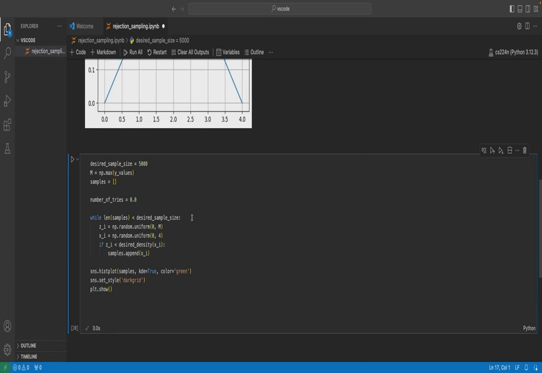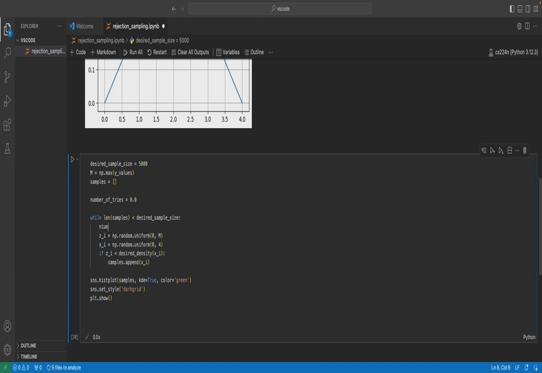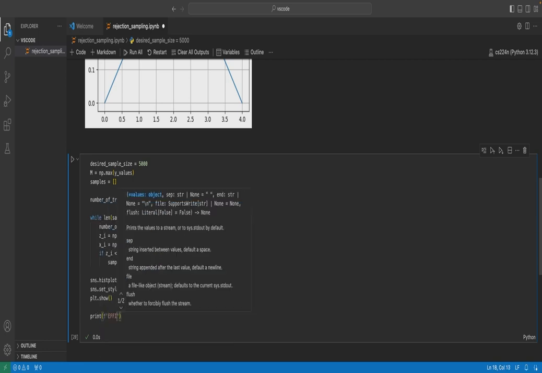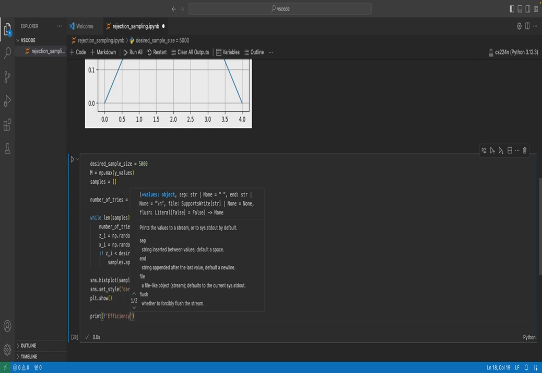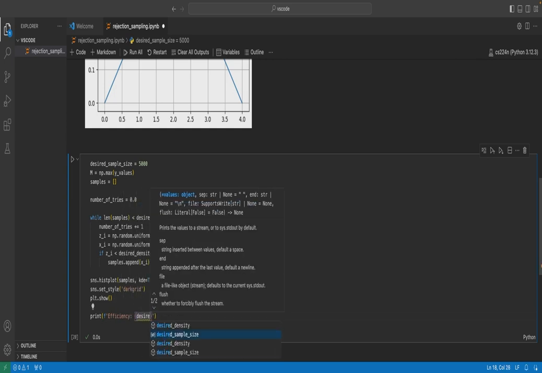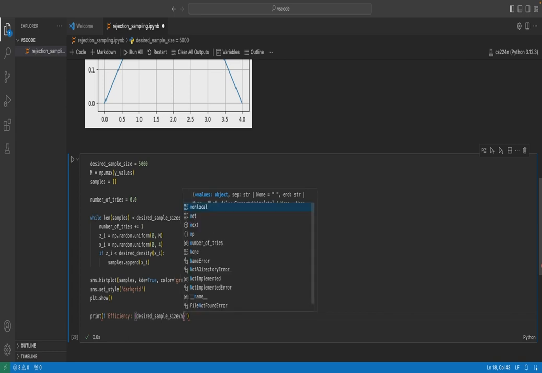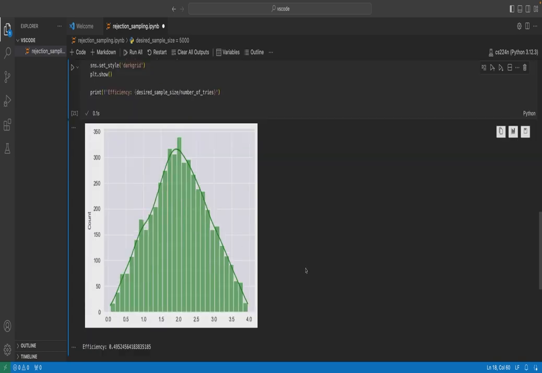And actually, one thing that we forgot to do here is add 1 to the number of tries through every iteration. So at the end, what we'll do is print efficiency, which will be equal to the desired sample size divided by the number of tries that it took us. And now we can go ahead and run this.